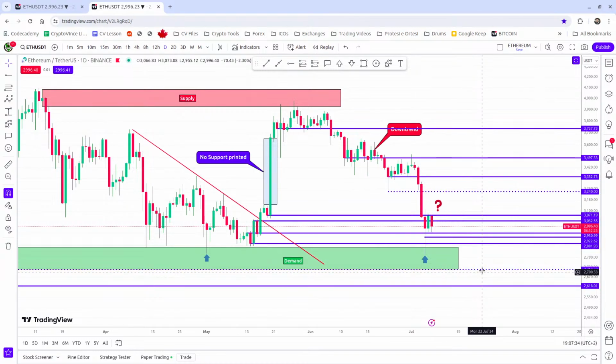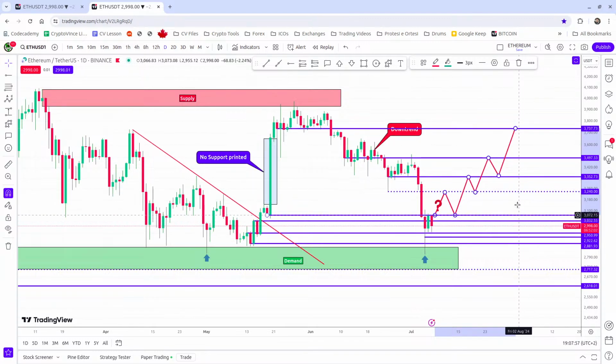Or for the bullish scenario, we might break here, go up there, have a confirmation here on the swing high, and then start to make a local bullish market structure and keep going up. Okay.